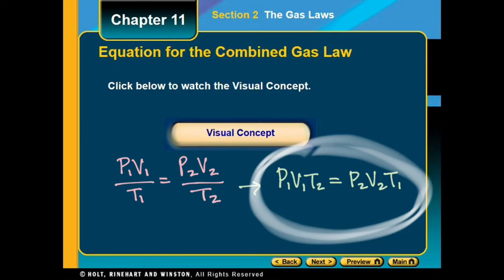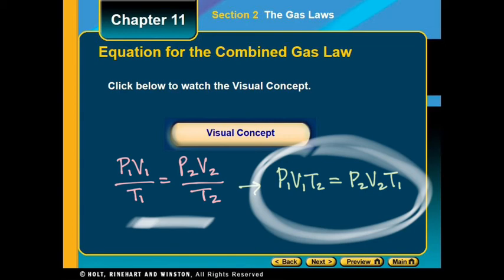The combined gas law equation is on that pink sheet in the first form. I prefer the second form that I have circled just because everything's in the numerator. Again, temperature has to be in Kelvin. But you could have used the combined gas law equation to solve for any of the first 3, Boyle's, Charles', or Gay-Lussac's law problems.